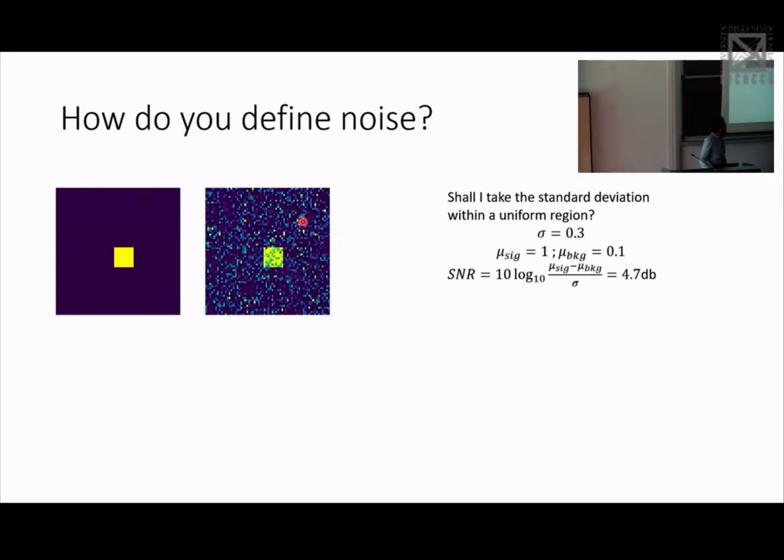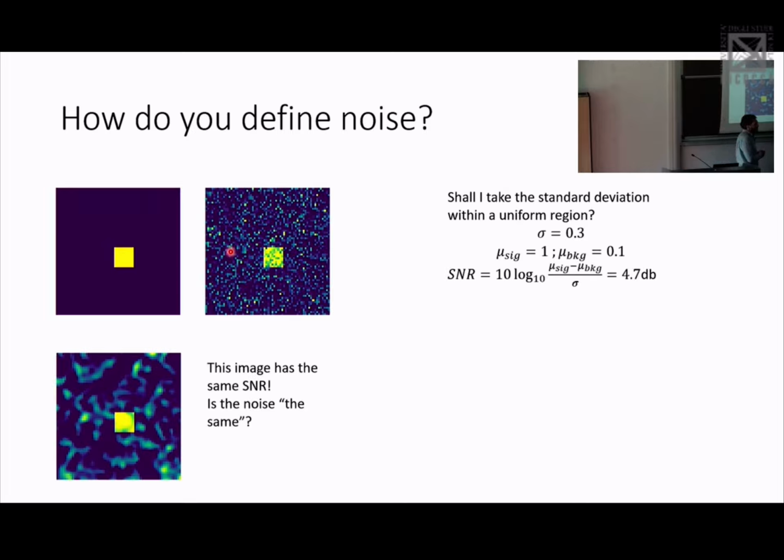If we do that in this image that I just made, we say the standard deviation is 0.3. The mean value of the signal is 1. The mean value of the background is 0.1. And then we can say that the signal to noise ratio is 10 times logarithm in base 10 of the signal to noise ratio, and this is 4.7 dB.